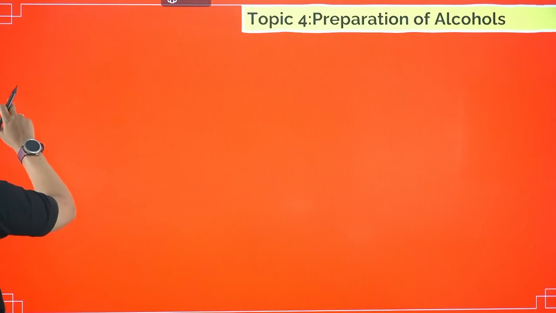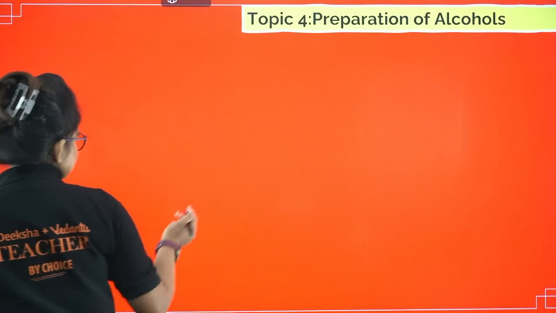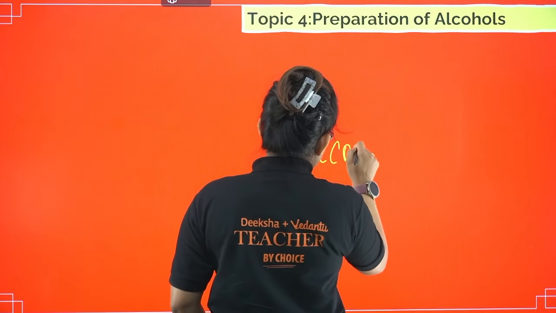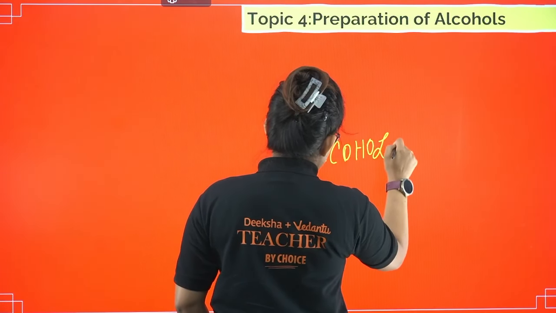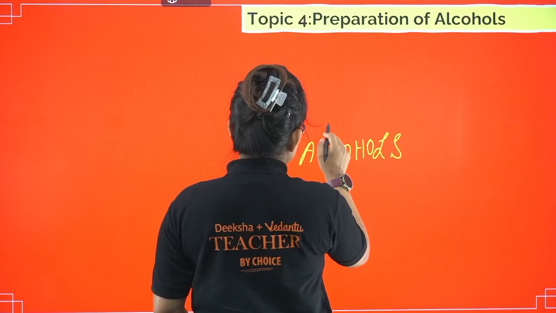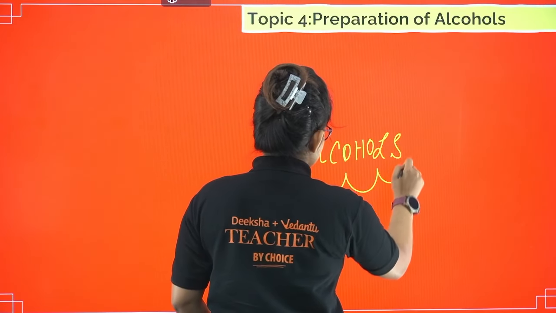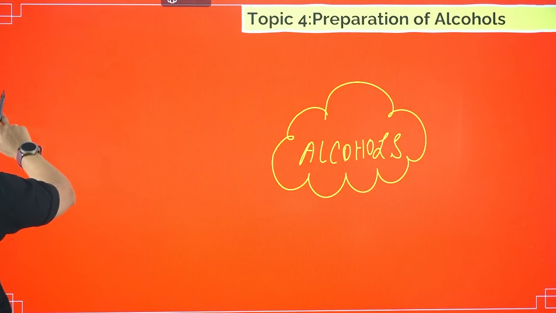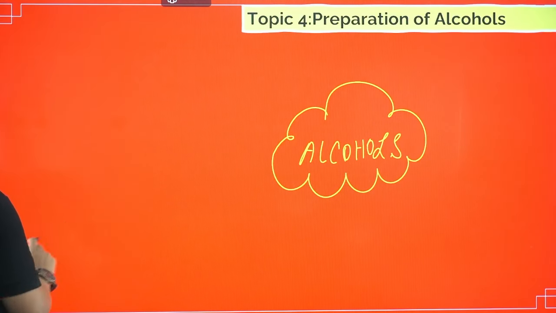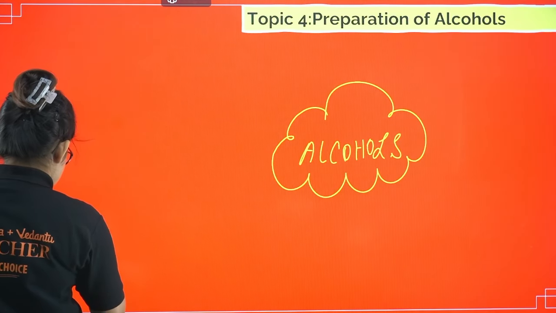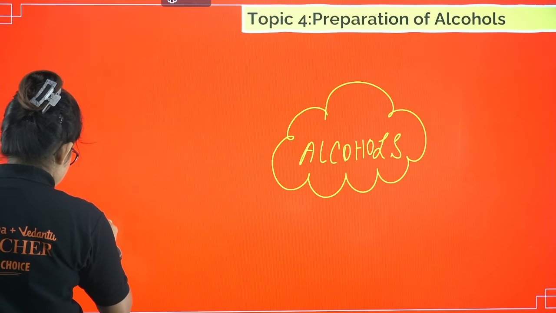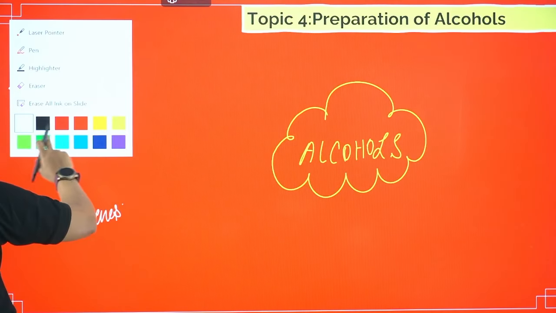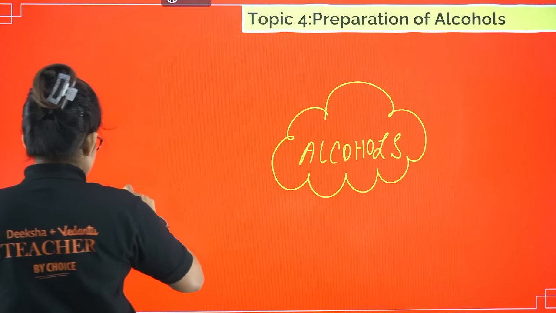Here you can see, I have to prepare alcohol. Let's write it in the middle. I can start from the alkenes. That was the first one, right? From alkenes I can proceed in two different ways.